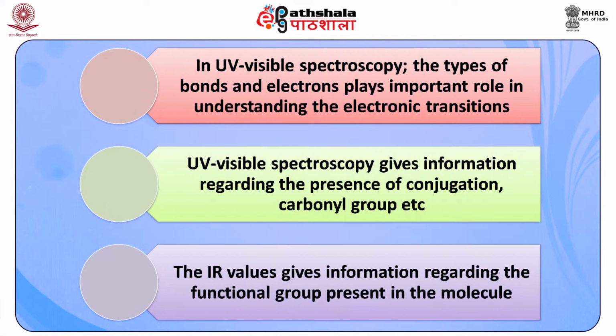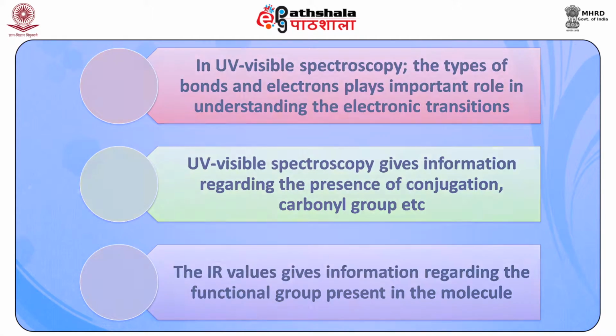In UV visible spectroscopy, we get information about the conjugation and the carbonyl type of groups. The IR spectra or the IR values, if they are provided, will give you information regarding what functional group is present, and you can always refer to the literature value that this particular value corresponds to this particular functional group.